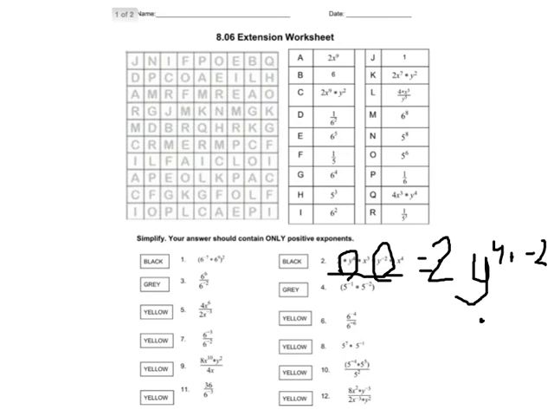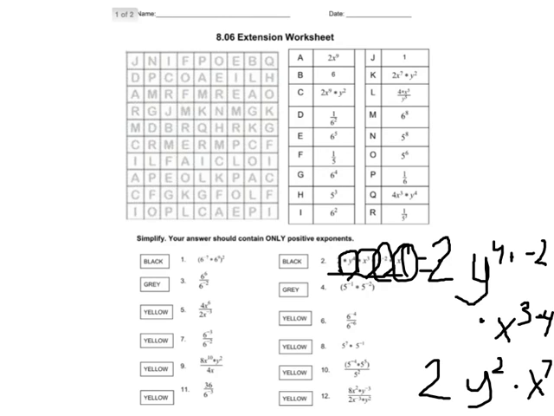And then I still need to multiply that whole thing by x. I have an x here and an x here. I'll add my exponents, so it's 3 plus 4. And I'll end up with 2y to the second power times x to the 7th power.